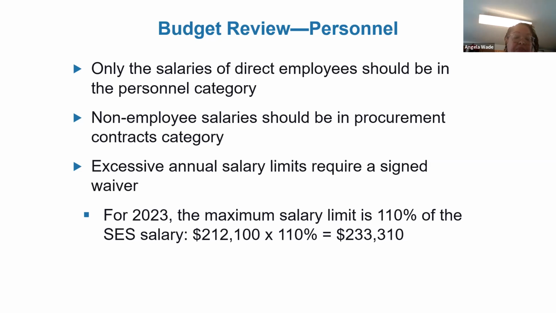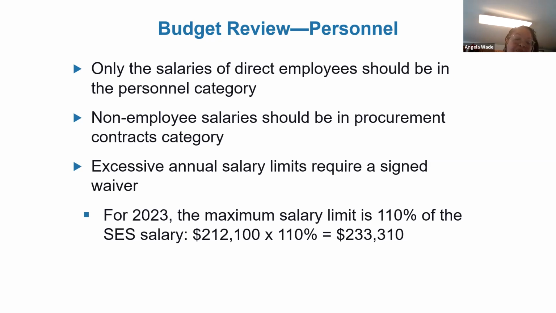Excessive annual salary limits. There is a limit on the salaries that you can pay to your staff. Currently, for 2023, the limit is 110% of the SES salary, which is $212,100. So you want to be mindful of that salary limit.